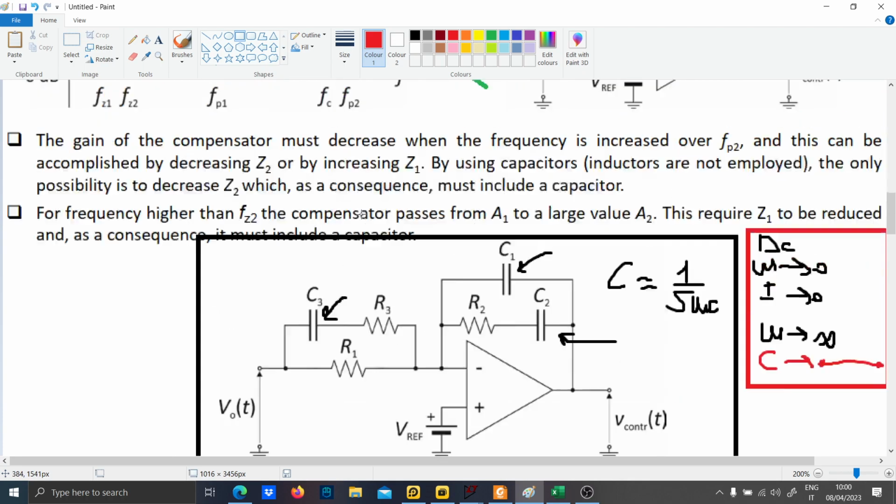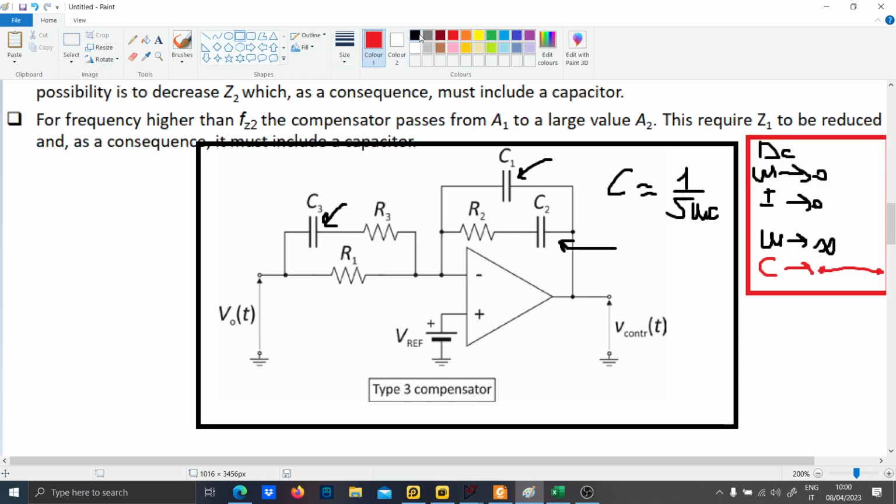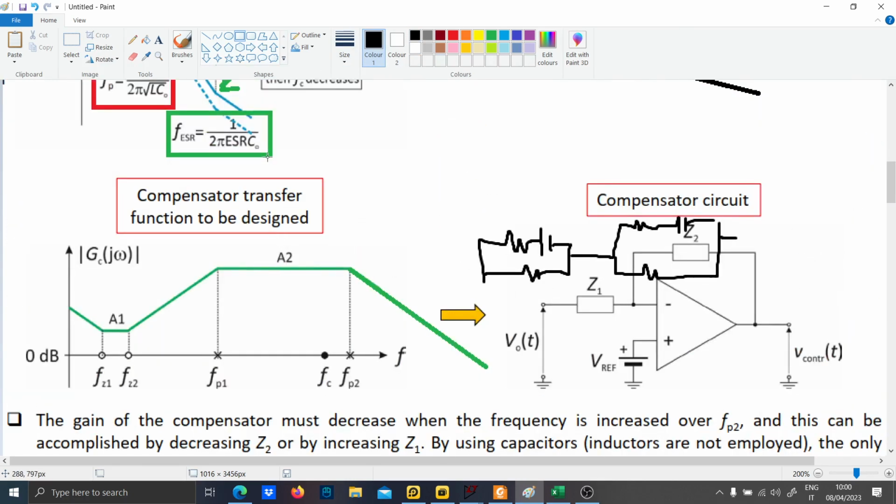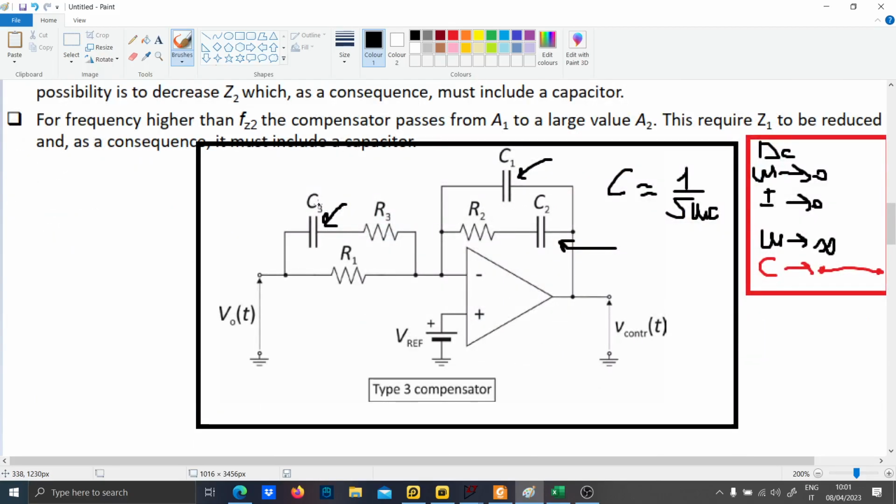Let me make an example. When you are in the frequency range of A2, the capacitor C3 is a short, and so you have R3, R1, and R2.